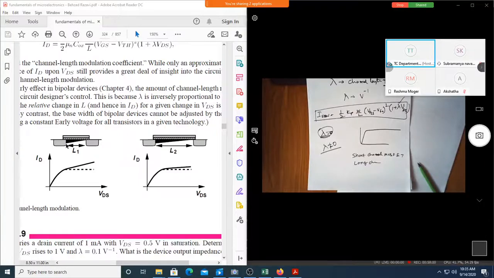Now, once the channel length becomes lesser and lesser, what is the channel length of the transistor? Anybody has any idea? What is the channel length of the existing transistor? Suppose you buy the latest laptop, what is the channel length?